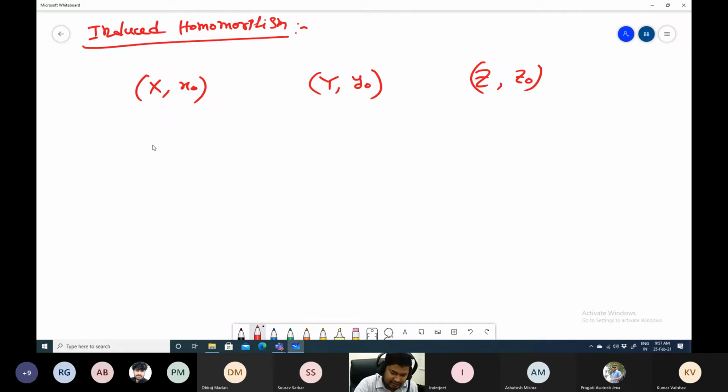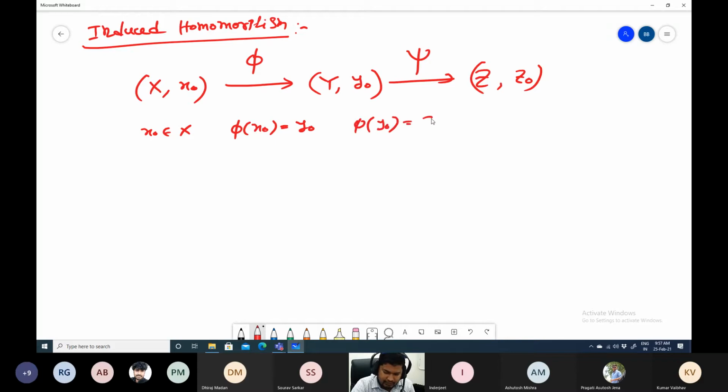It just means that x0 belongs to X, y0 belongs to Y. Now suppose this is my map, say this is my phi, and say this is my psi. Now why am I writing the ordered pair? It just means that phi of x0 equals y0 and psi of y0 equals z0. So this is the meaning of this writing.